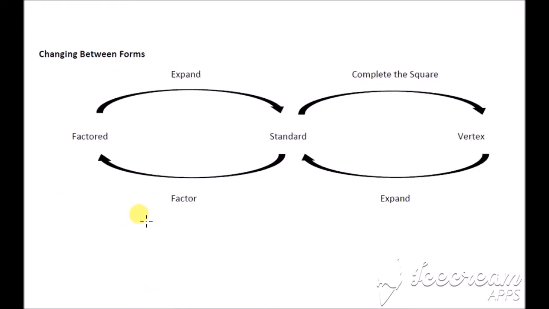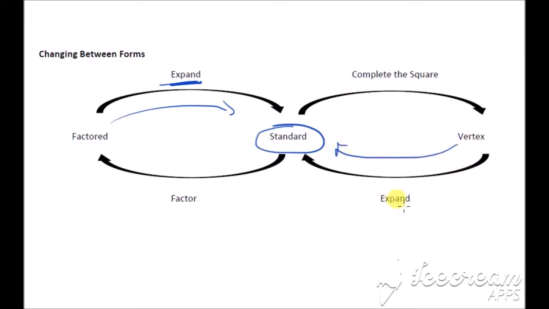Now, if we want to change between forms, I'm going to make a pattern of this. First of all, we always have to start with standard form. If you want to go from factored to standard, we need to expand. Also, if we want to go from vertex to standard, we need to expand.